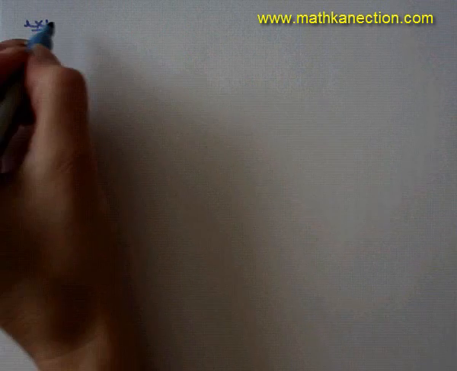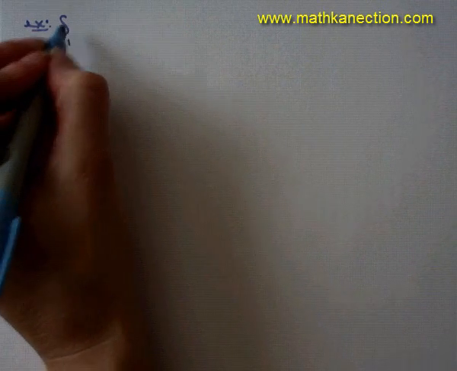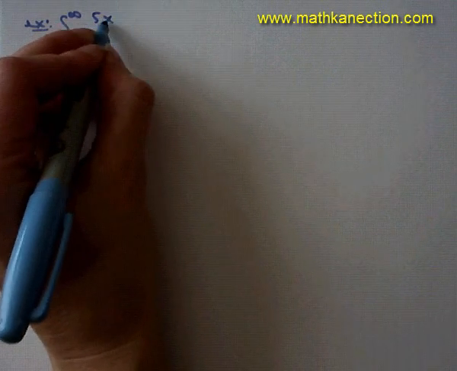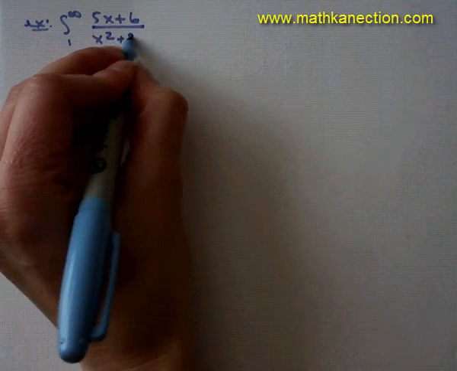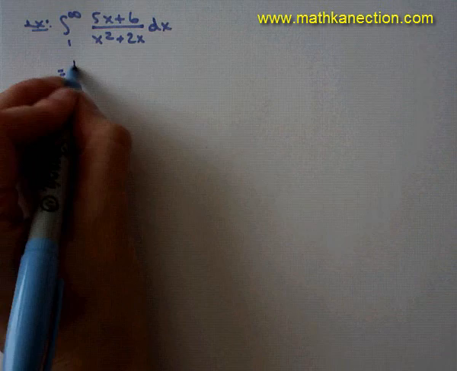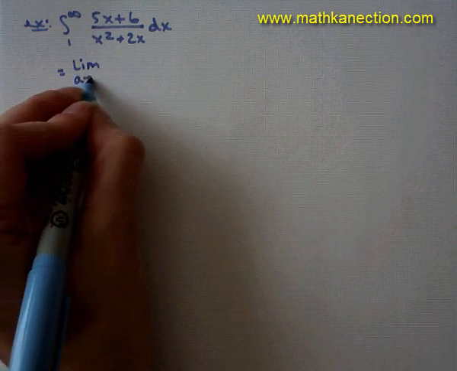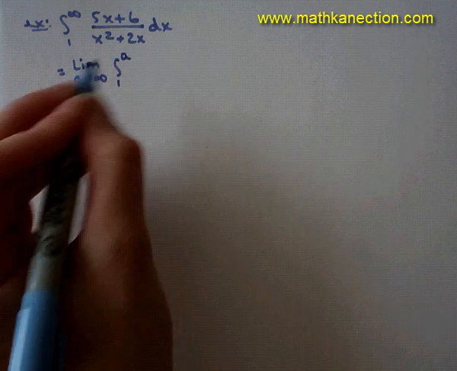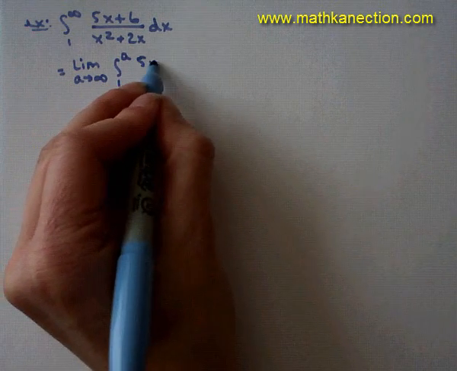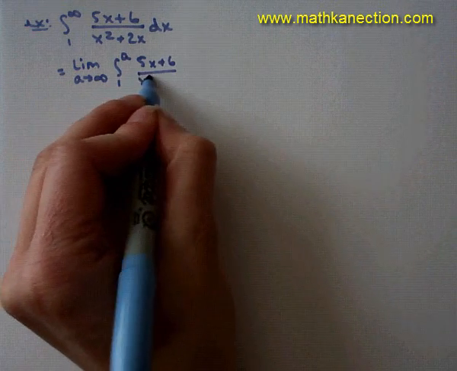Next example, we have the integral from 1 to infinity of 5x plus 6 over x squared plus 2x dx. So that's going to be the limit as a approaches infinity of the integral from 1 to a of 5x plus 6 over x squared plus 2x dx.